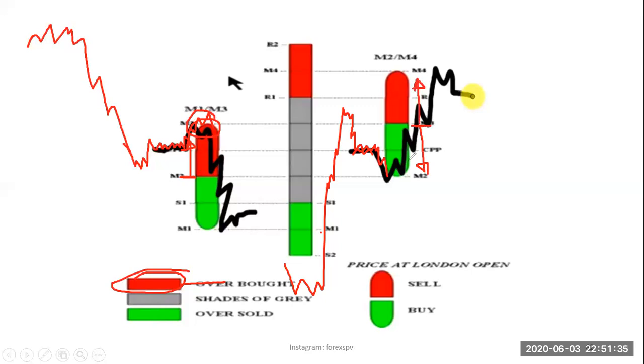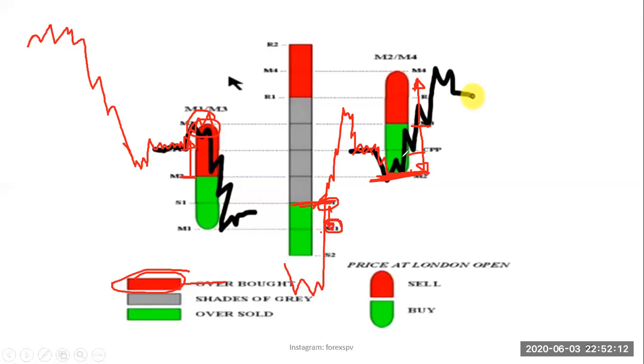So any pattern forming around this pivot, this M2, going down to S1, and if it goes further to M1, that's a high risk trade. But if it goes to S1 or M2, this M2 gives you a high probability setup. S1 gives you also a high probability setup, but when it goes further to M1, that's a high risk trade.